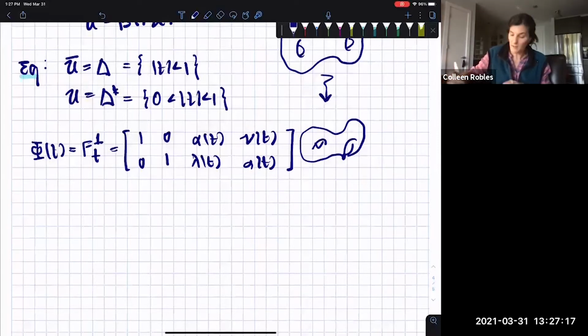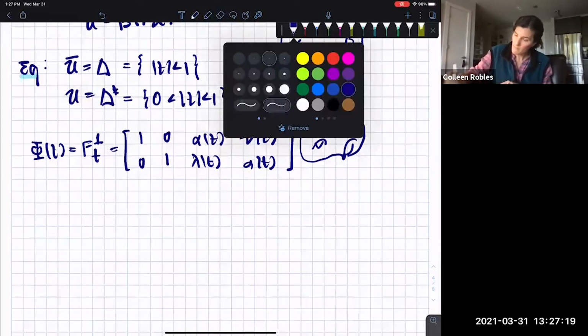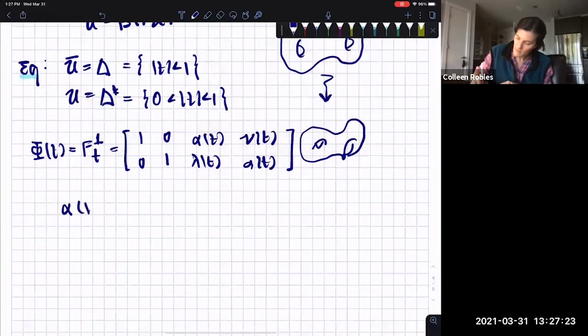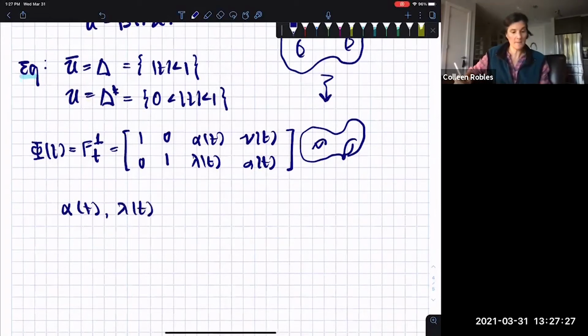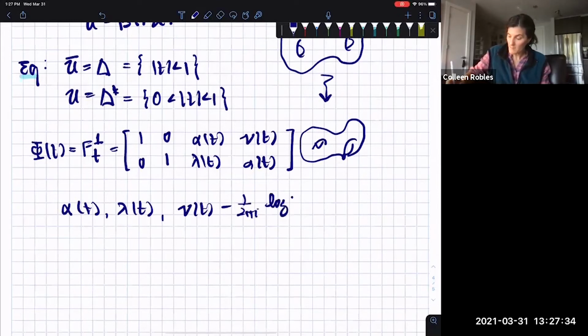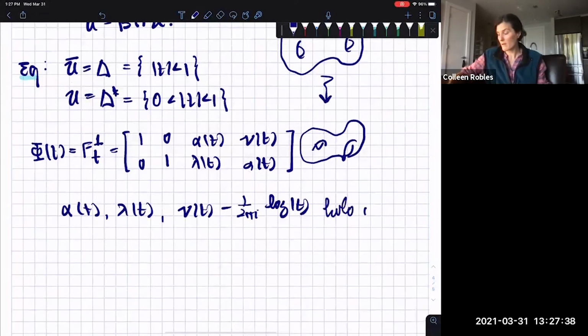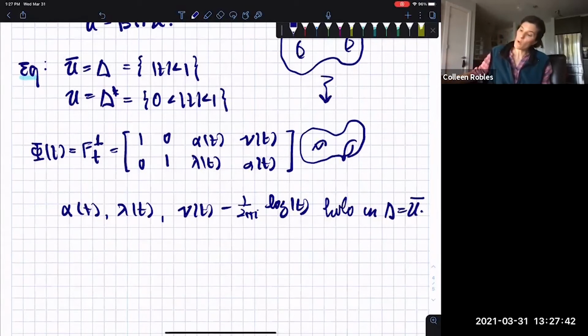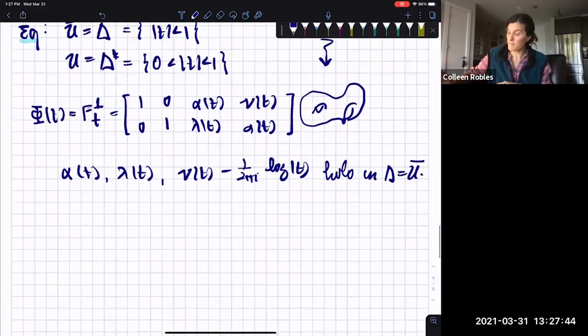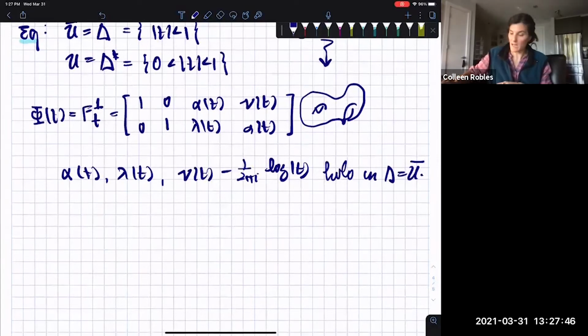So in particular, alpha T, lambda T, and nu T minus 1 over 2 pi I times log T. These are holomorphic. And in fact, they're holomorphic on the unpunctured coordinate neighborhood.